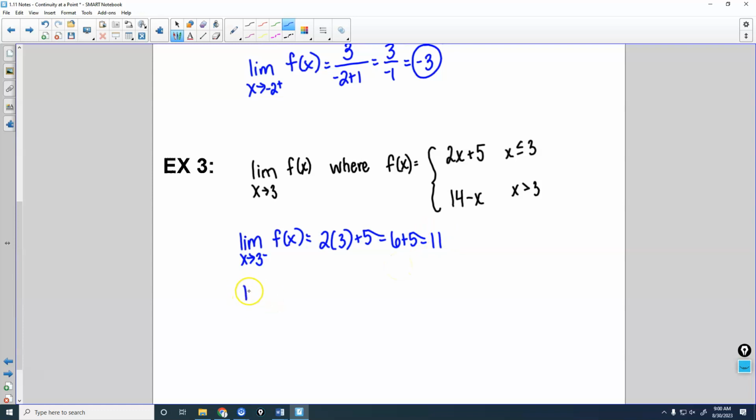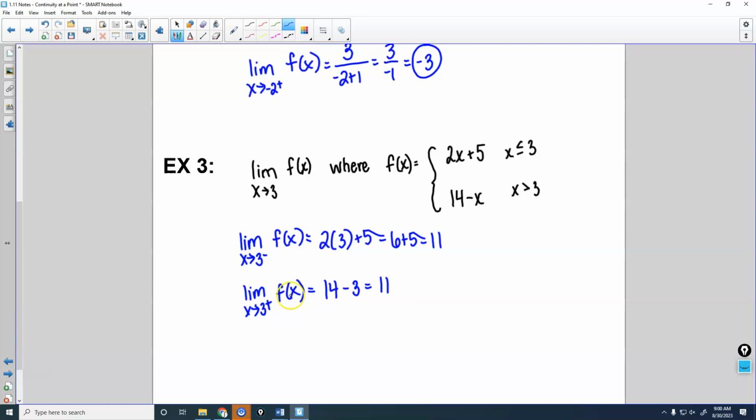I would also need to check the limit as x approaches 3 from the right of f of x. Make sure when you do this that you are writing that f of x right there. You got to have the limit of something. Don't leave that blank. And then we would have 14 minus 3, and that would also give me 11. Okay?